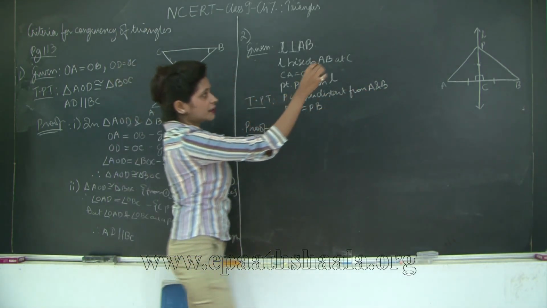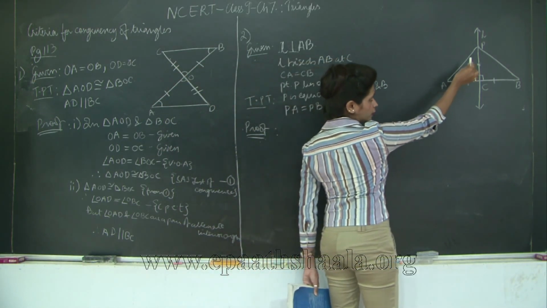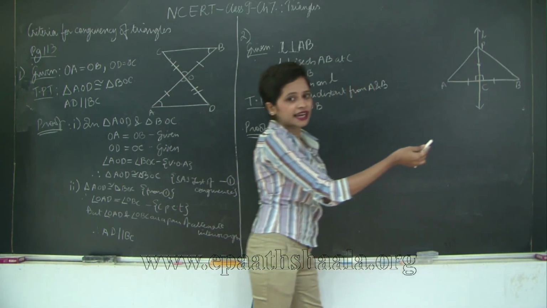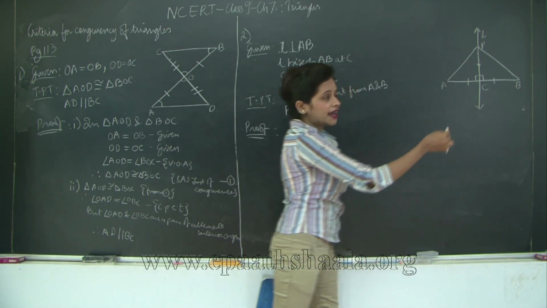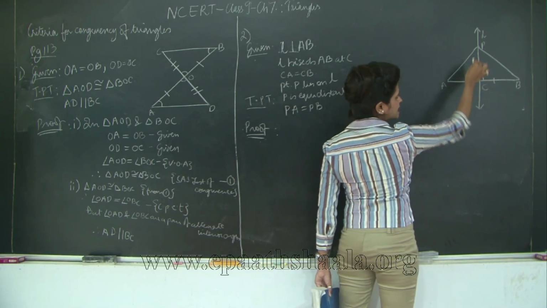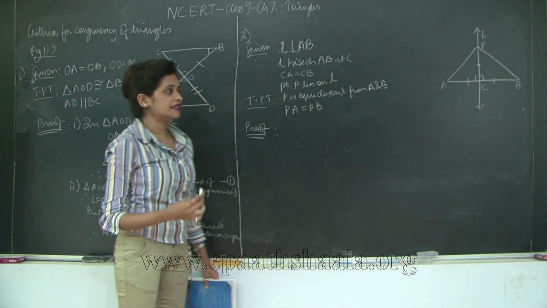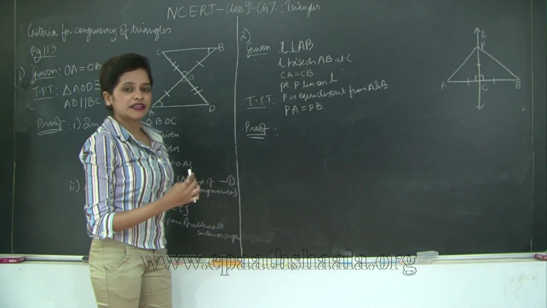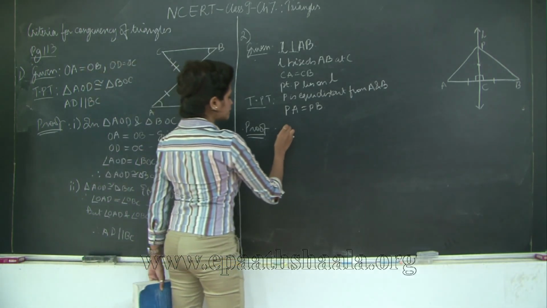Also, PC is the common side between the two triangles, that is in PCA and PCB. And there is an included angle over here which is 90 degrees. So, angle PCA is equal to angle PCB. Therefore, triangle PCA is congruent to triangle PCB through the SAS test of congruence, right?